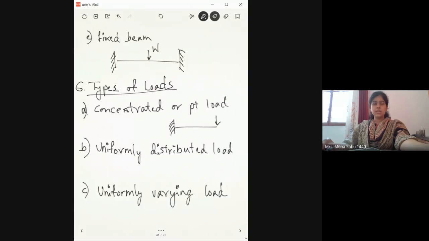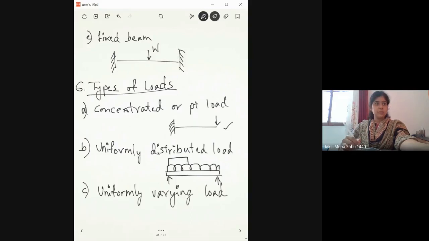Yeah, so this is a point load. A uniformly distributed load. For example, I have a beam, a simply supported beam. If I want to show the weight of the building, I will show it like this. But on top of the terrace, only in this part, there is a water tank.